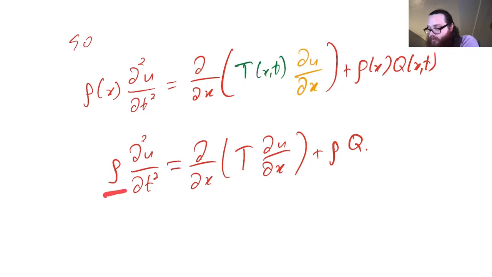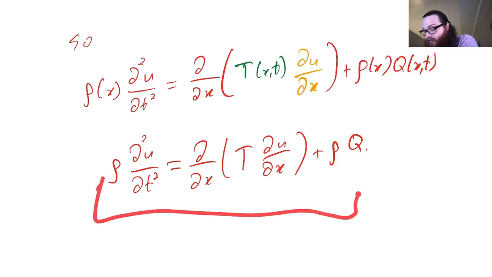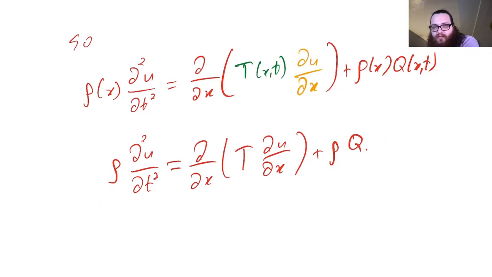In particular rho, T0, rho, they depend on the material. Q may depend on the material, may depend on other external forces like gravity. But otherwise, this is one form of the wave equation to keep in mind.